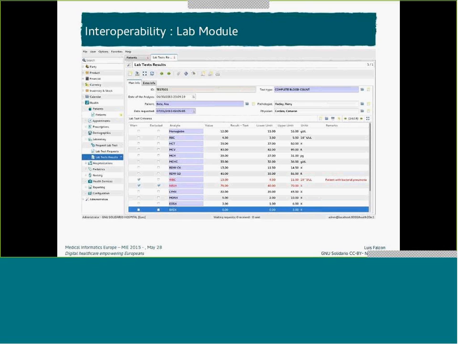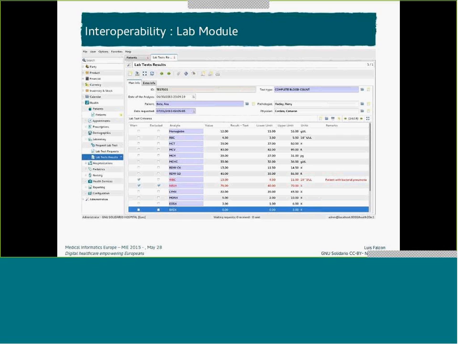So you send your test order to the laboratory, and then they send you back the results in a specific format. It can be XML, it can be a web service, or whatever, and just input that information automatically into the GNU Health system.